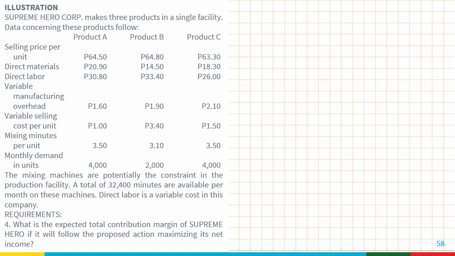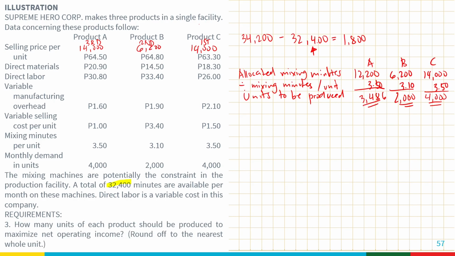Requirement 4. What is the expected total contribution margin of Supreme Hero if it will follow the proposed action maximizing its net income? So this is how we are going to compute for that. Let's first get the number of units to be produced for each product, no?